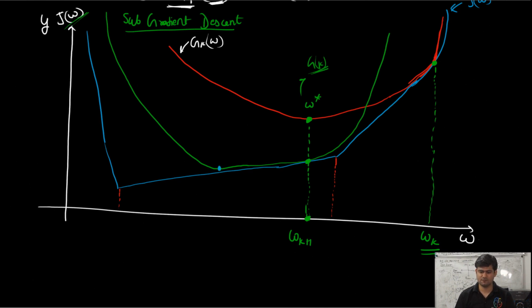So we minimize this function, and this minimizer now becomes the new estimate of the optimal parameters w that minimize the original loss function. So this becomes our point wk plus 2. And now at this point, we'll select another function gk plus 2, and let's assume it looks something like this.